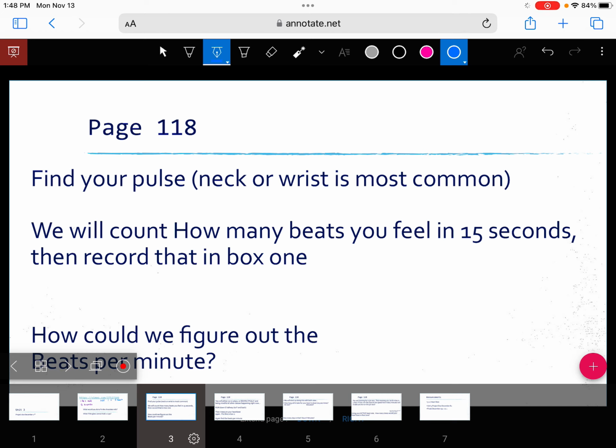I'm going to time it for 15 seconds, and you are going to count how many bumps you feel. Once I tell you to, start counting. Has everybody found their pulse in their neck or wrist or wherever? Because we're going to be using this number a couple of times. All right, ready? Go.